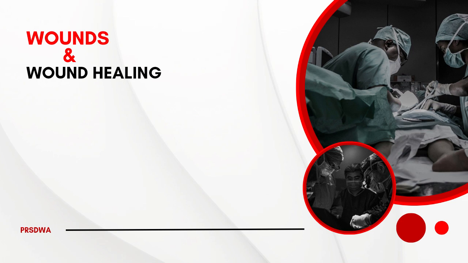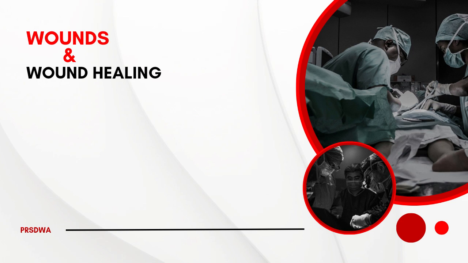Then healing by secondary intention is healing that occurs in wounds in which there's tissue loss, and there's also formation of granulation tissue accompanying that. The problem with healing by secondary intention is that the scar is not as excellent as when we have healing by primary intention.